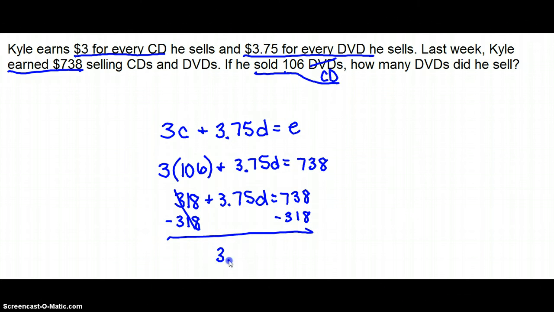We have 3.75D on the left equals, and 738 take away 318 is 420. Now we need to get rid of this 3.75, so we're going to divide by 3.75, since 3.75 is multiplied by D. And 3.75 cancels, and D equals 120.